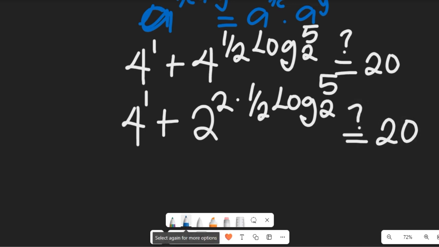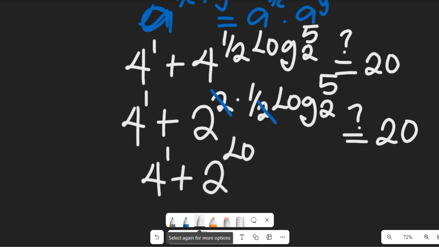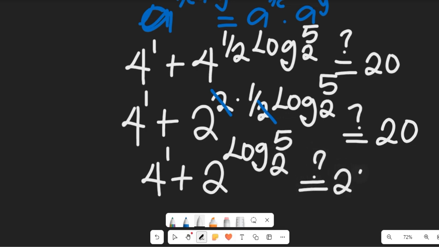From this expression, 2 can cancel out 2, and then we'll have 4 to the power of 1 times 2 to the power of log of 5 base 2. Would this be equal to 20?